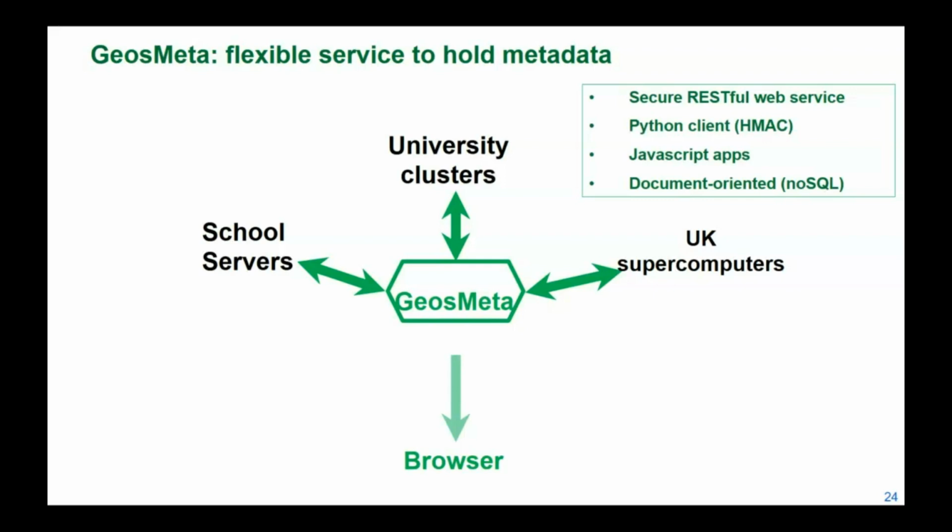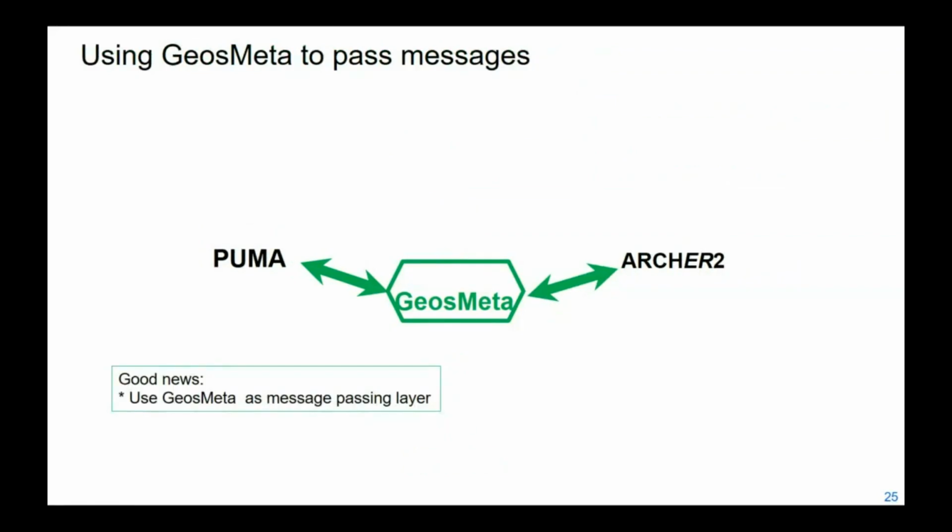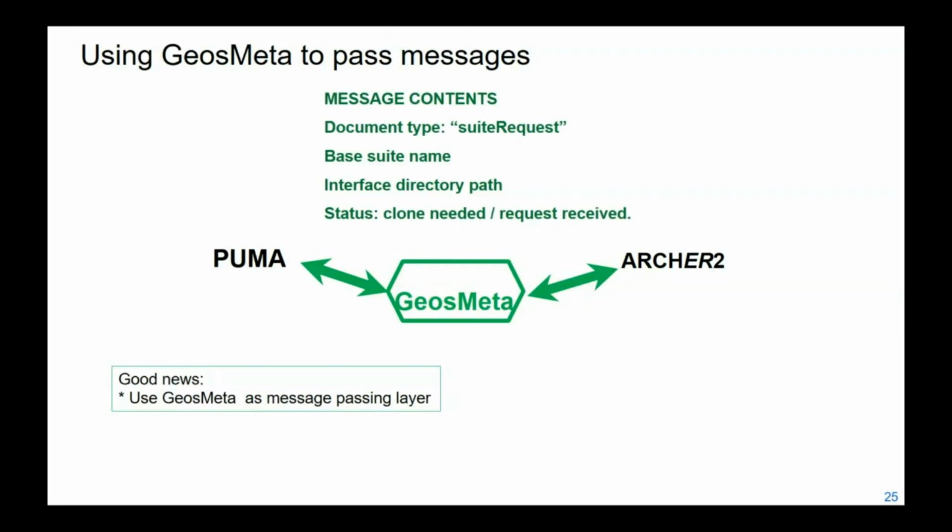But I realized that we could use that so that we can write to GeosMeta from ARCHER and read from Puma and hold status files in documents that can get updated. So we're using GeosMeta as a message passing layer.